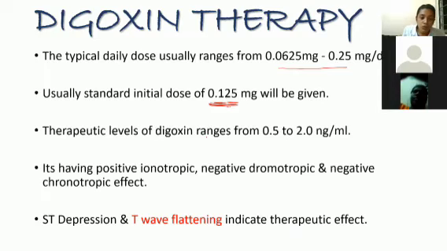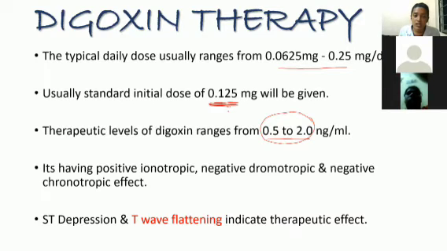Then you should know therapeutic levels of digoxin range from 0.5 to 2 ng/ml. In some textbooks you can find 2.2 also. So 0.5 to 2 you can keep like that. This one you should remember, because digoxin is a drug with a very narrow safe range.